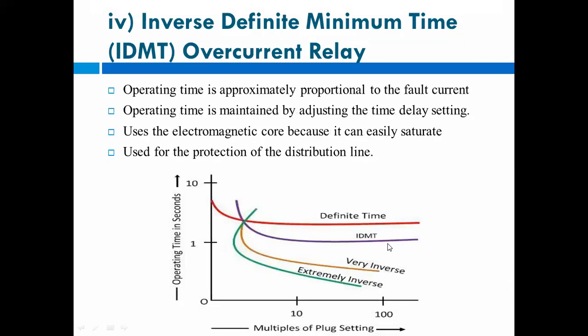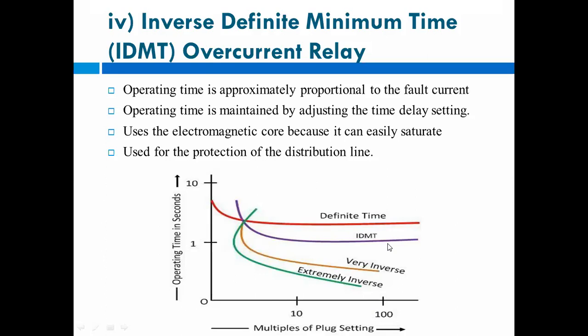Next one is the inverse definite minimum time overcurrent relay. This is your IDMT characteristic. IDMT means here also we are defining a particular time of operation of the relay, and it is approximately equal to the fault current.